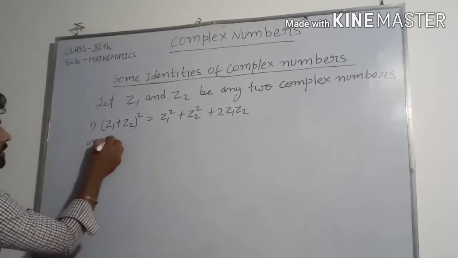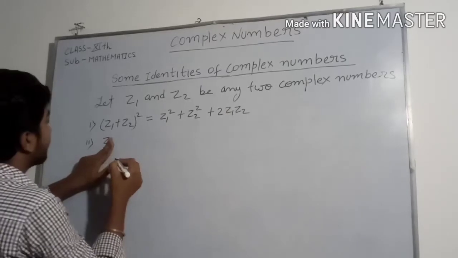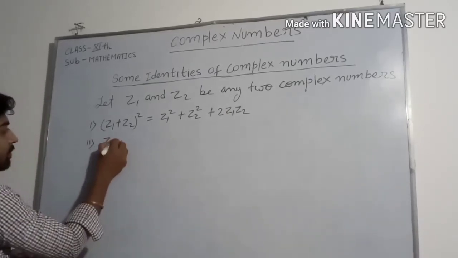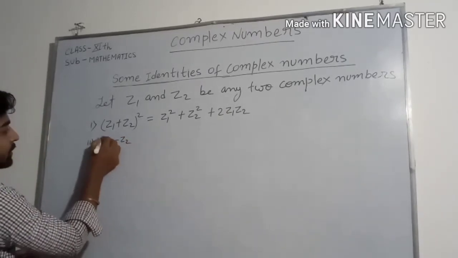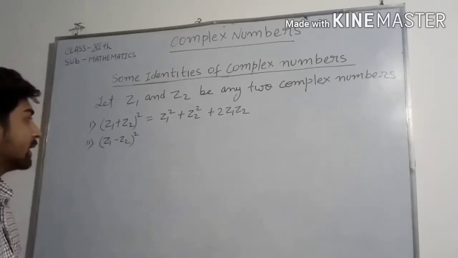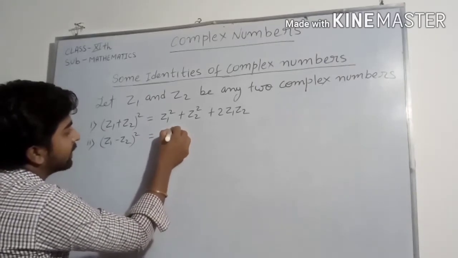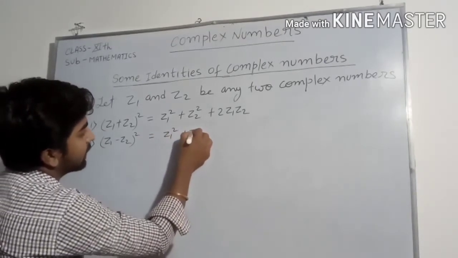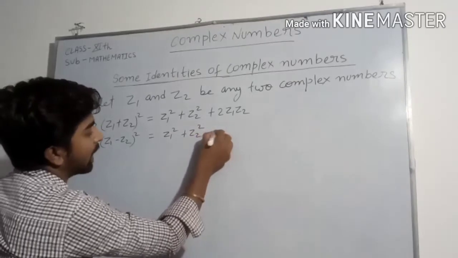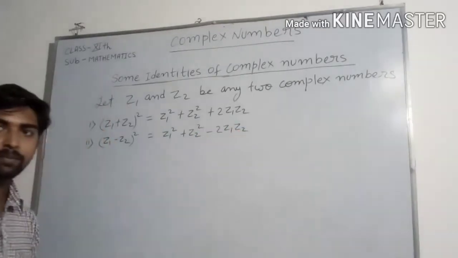The second identity is whole square of Z1 minus Z2 equals Z1 square plus Z2 square minus 2 Z1 into Z2.